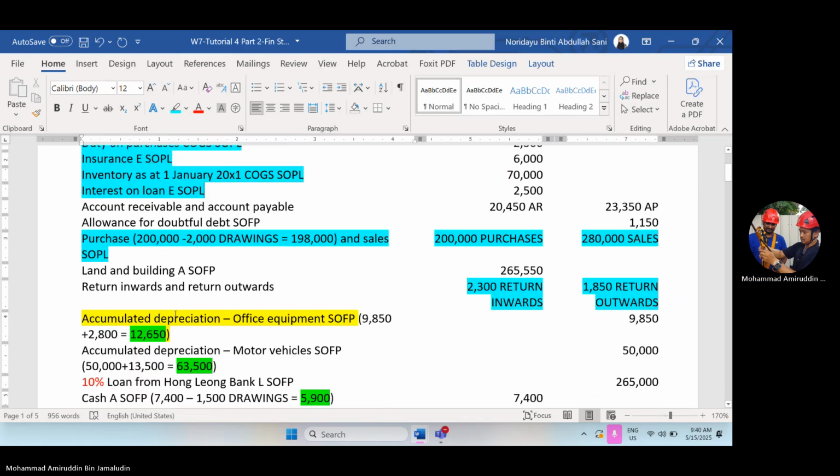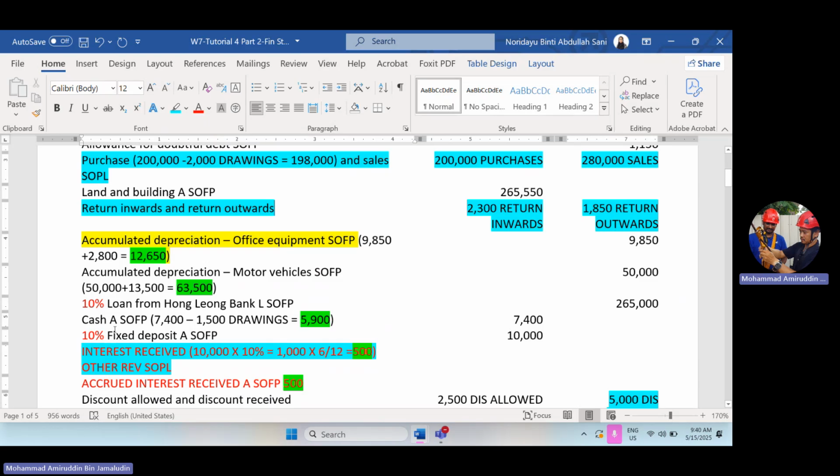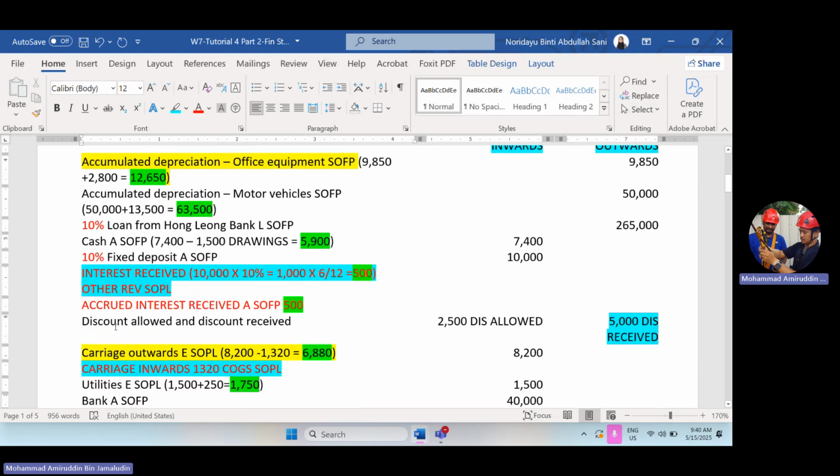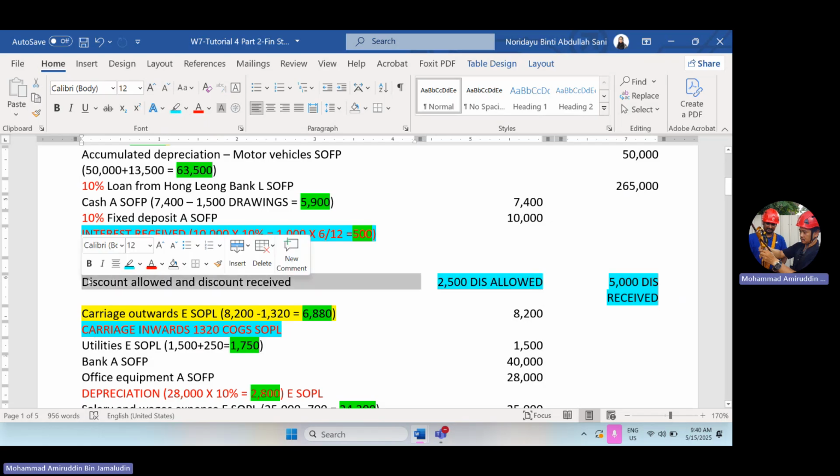Return inward, return outward done, so we can highlight. What else? Loan, cash, fixed deposit, accrued interest received, SOFP. Discount allowed. How many? 3, 3 already. This one done, we can cancel.